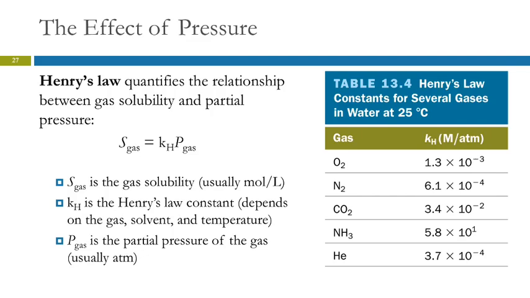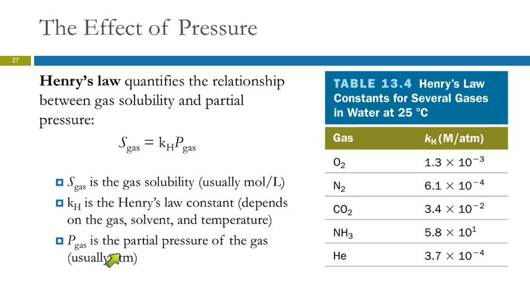So this is a little table of Henry's law constants for different gases in water at 25 degrees Celsius. If you were using alcohol or any other solvent, you'd have to look up new constants. If you're doing it at any other temperature, you would need different constants. These are specific to water at 25 degrees.